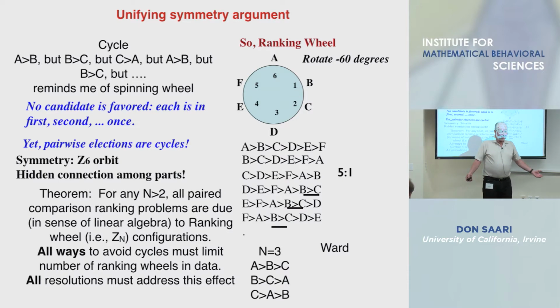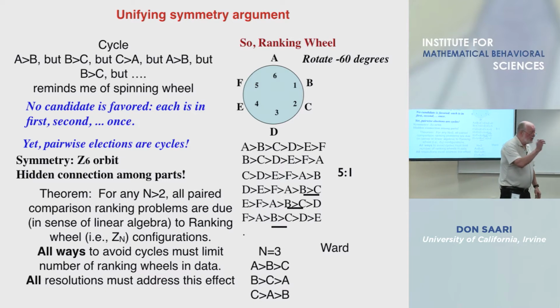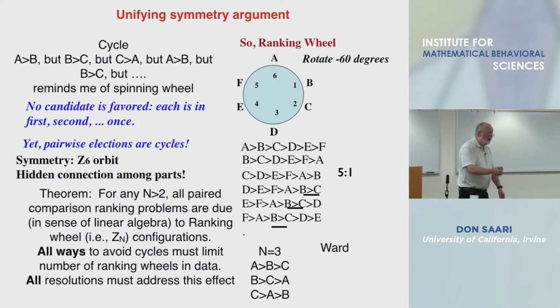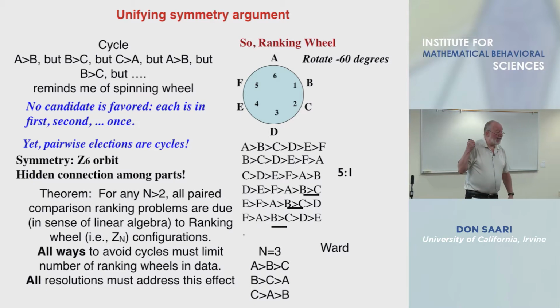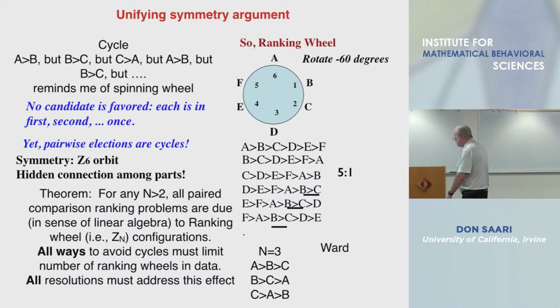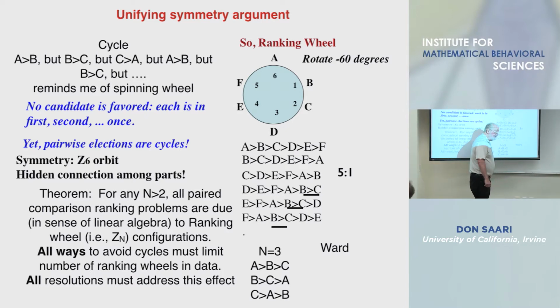Well, this configuration has all of them. So what does Ward's condition do? Ward's condition says your data can't have a ranking wheel in it. That's what it says. Ward's condition really just says that the data cannot have a ranking wheel configuration inside of it.